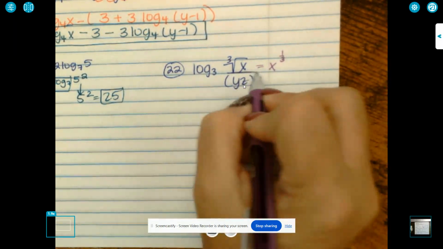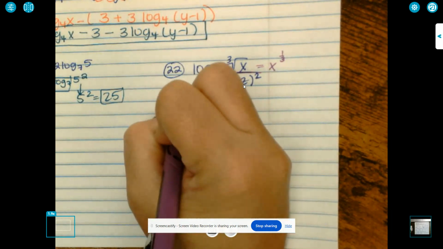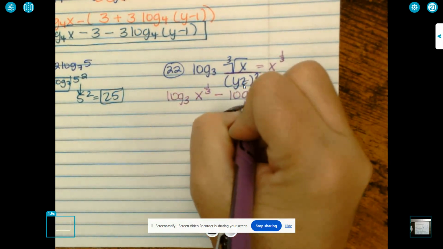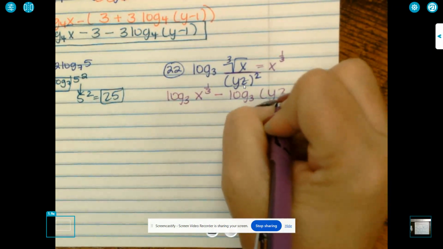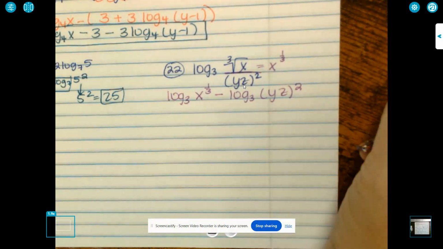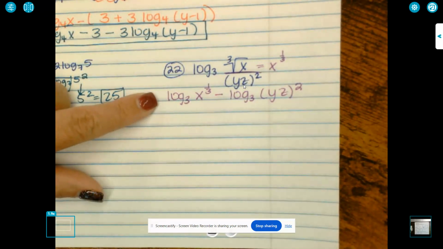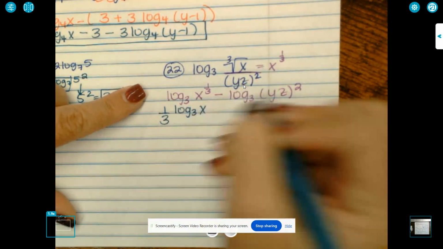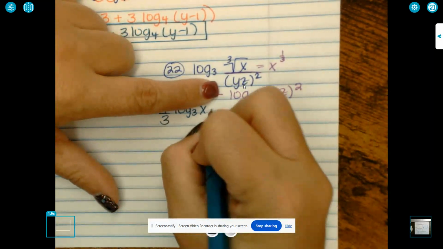All right, so I see the big division here, so I'm going to break that first. So log base 3 of x to the 1/3 minus log base 3 of yz squared. All right, so now I'm going to pull the 1/3 to the front. Okay, now over here I'm going to bring the 2 down.